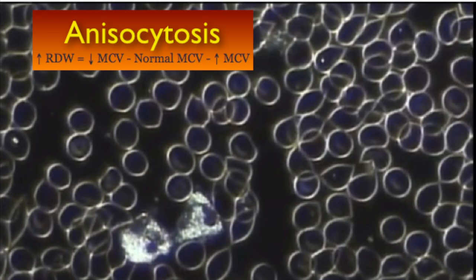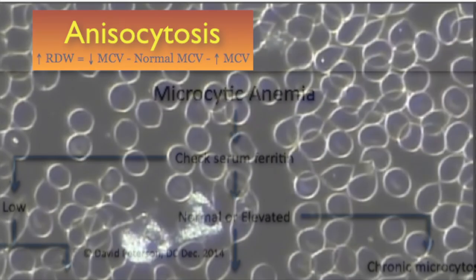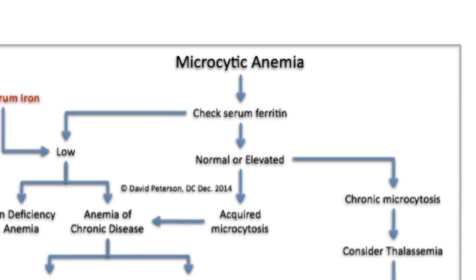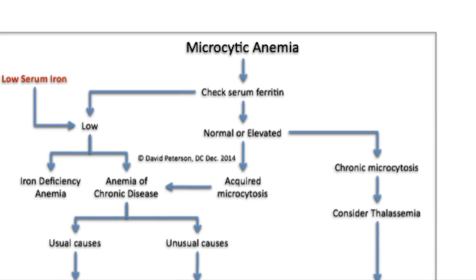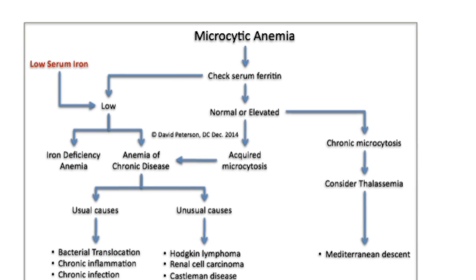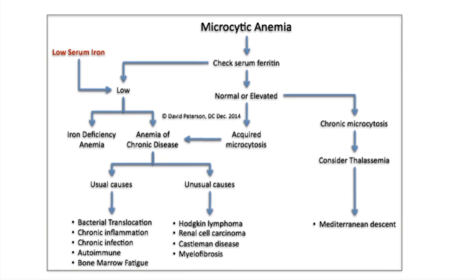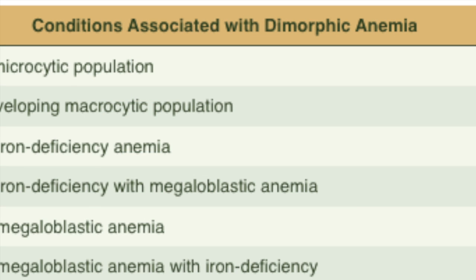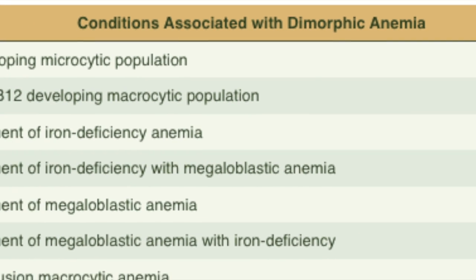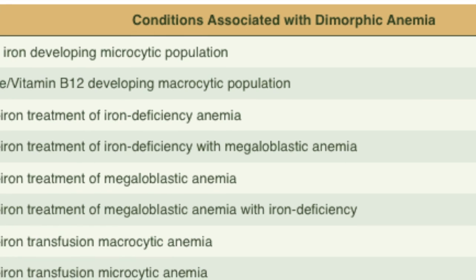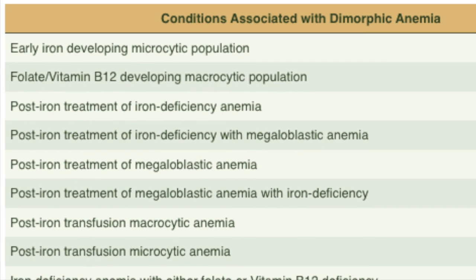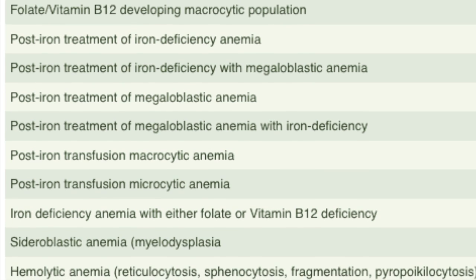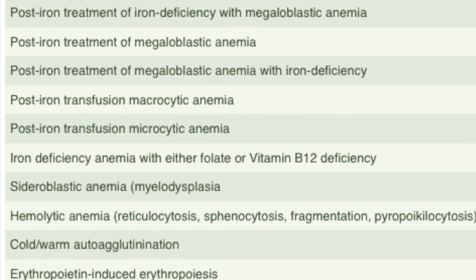Anemias are classified according to the size of the red blood cell, as being normocytic with normal MCV, macrocytic with increased MCV, or microcytic with decreased MCV. In dimorphic anemia, the patient may have two or more red blood cell populations, for example hypochromic microcytic and normochromic red blood cells.